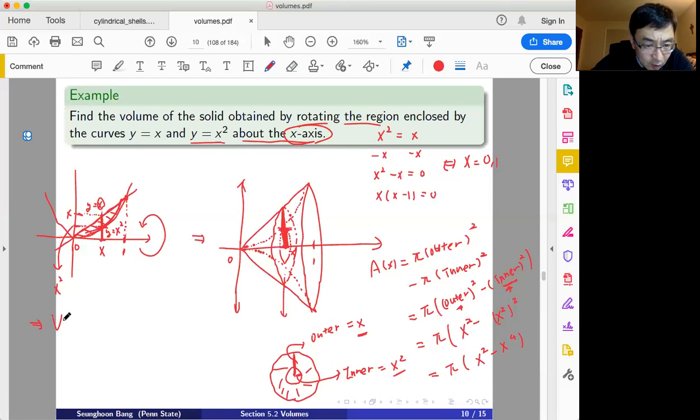The volume, you can use the formula: integral from a to b of A(x) dx. The integral was from a equals 0 to b equals 1. The A(x) is pi times x squared minus x to the 4.